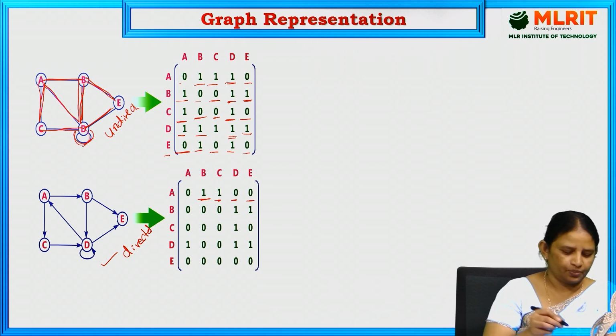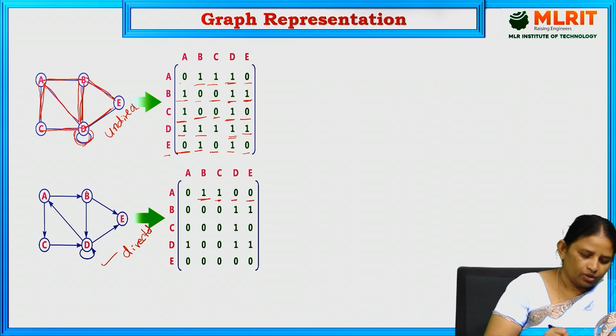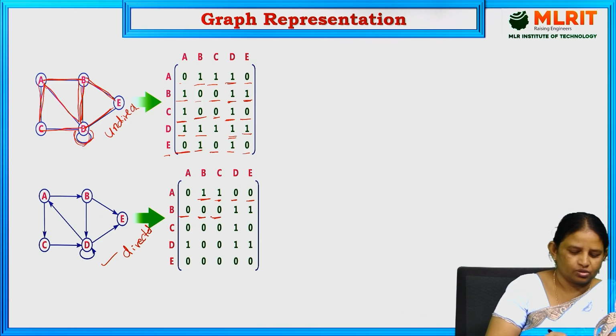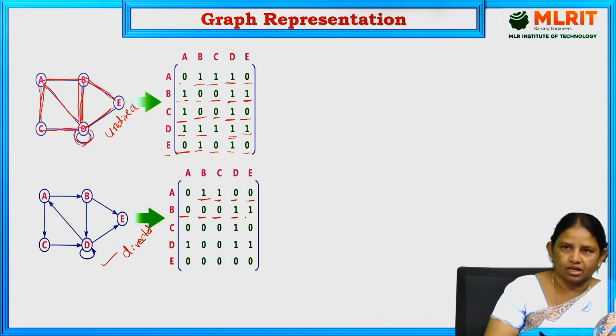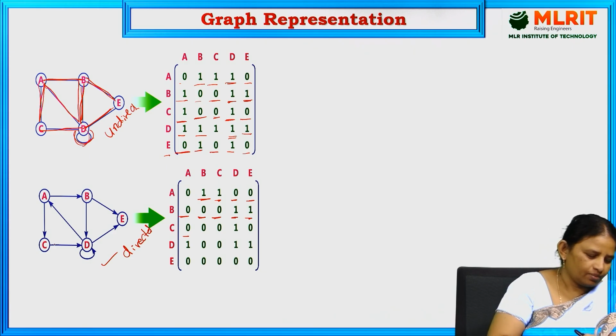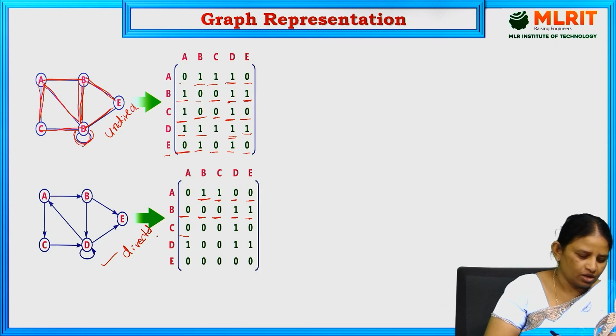Next, B to A, no edge, 0. B to B, 0. B to C, no edge, 0. B to D, arrow mark is there, 1. B to E, arrow is there, 1. Next, C to A, no direction, 0. C to B, no direction, 0.